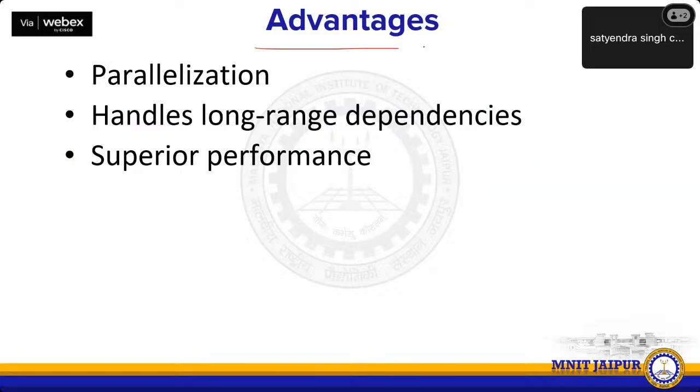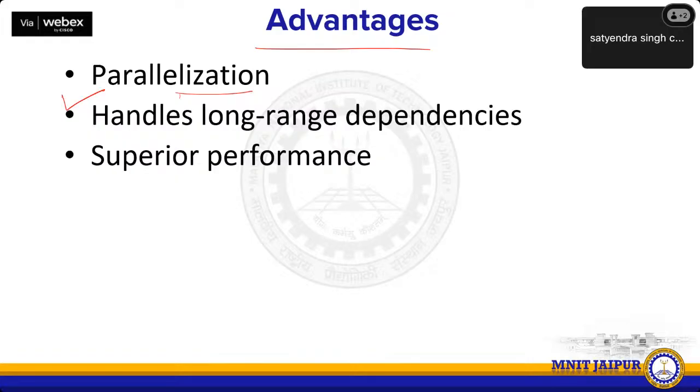So, in summary, what are the advantages of using transformer? One is basically parallelization, because unlike generating sequence to sequence, you are able to do the computation in parallel, which makes them faster than the RNN.